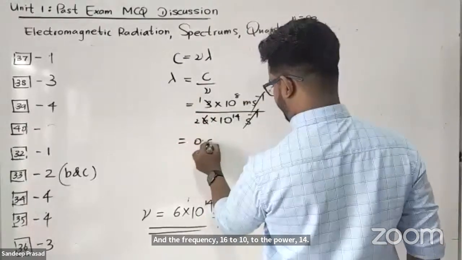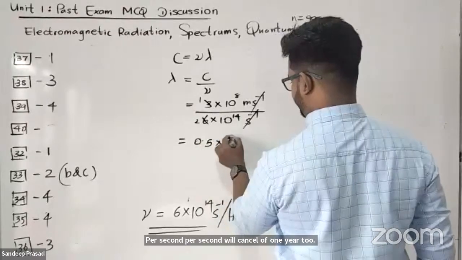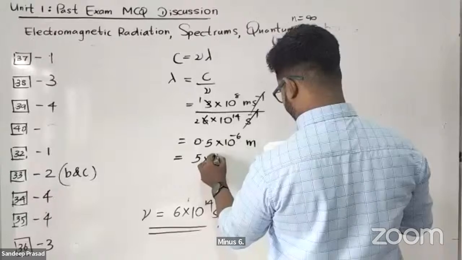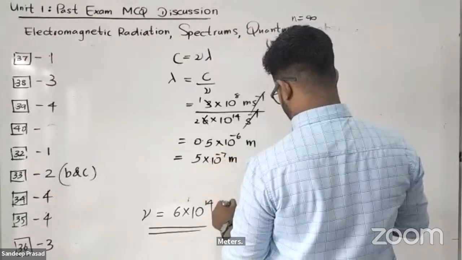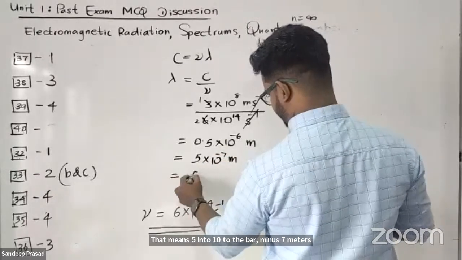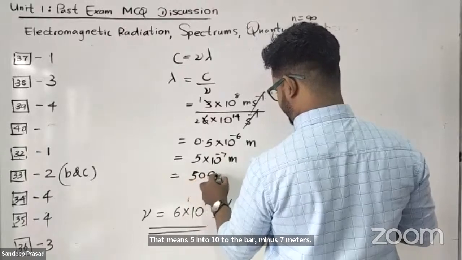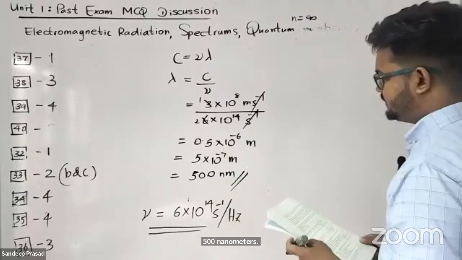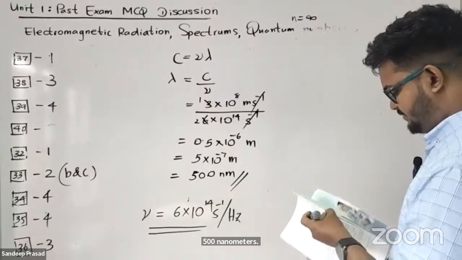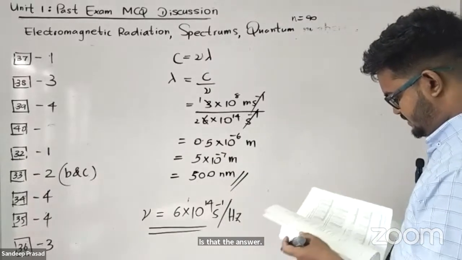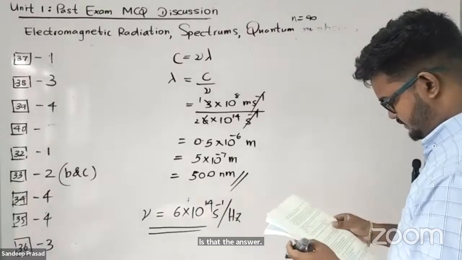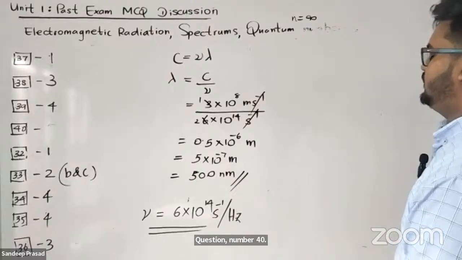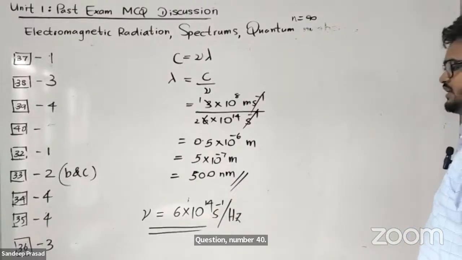So therefore 0.5 × 10 to the power minus 6 meters. That means 5 × 10 to the power minus 7 meters. We can say that 500 nanometers. Is that the answer? Question number 40: 500 nanometers.